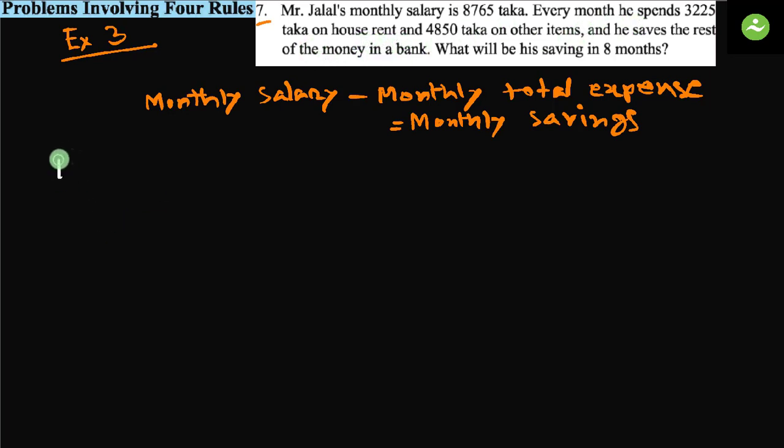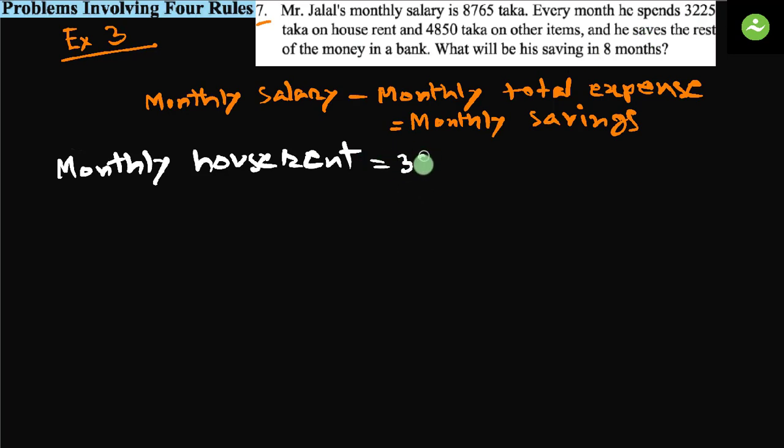So monthly house rent, how much? 3,225 taka. Then next, he spends 4,850 on other items.